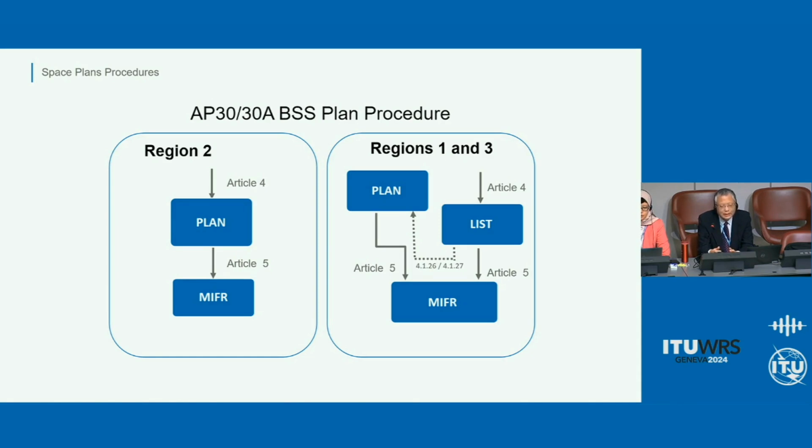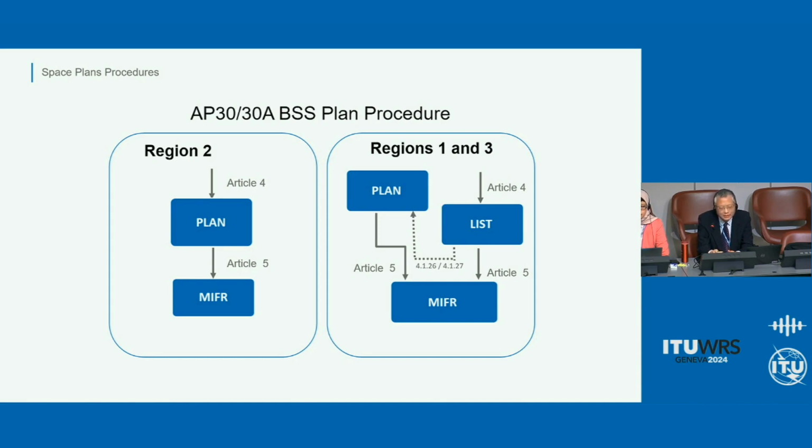Then after coordination, you submit the notification and it can be recorded in the master register. The same story happens for Region 1 and Region 3, but as I said, in Region 1 and Region 3 there's the concept of the list. Any modification is recorded in the list. And then you can notify your network for recording in the master register.